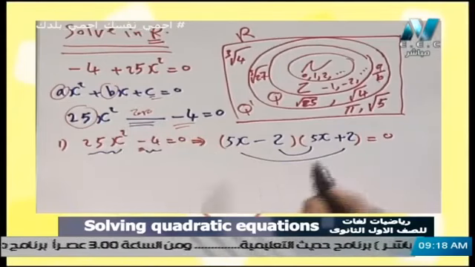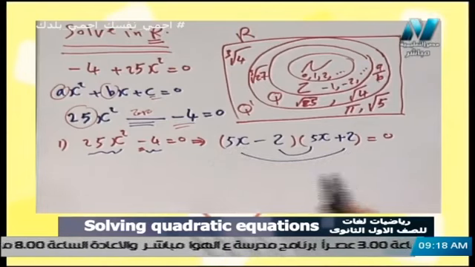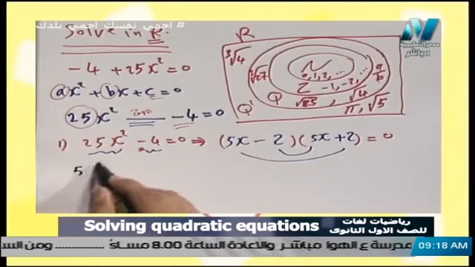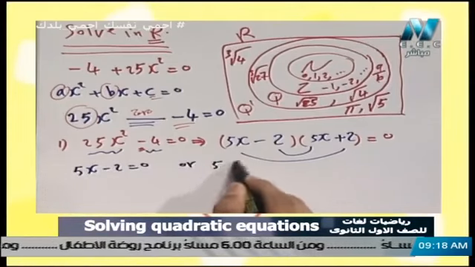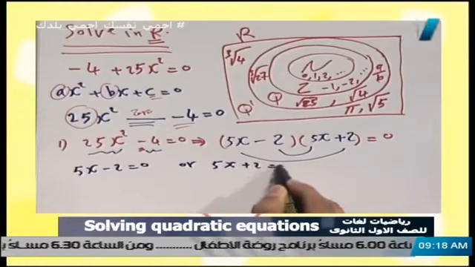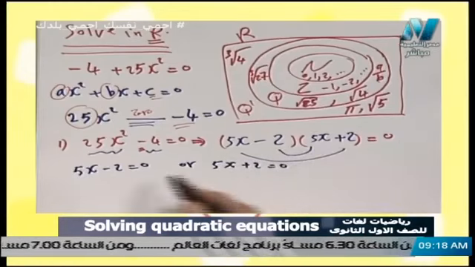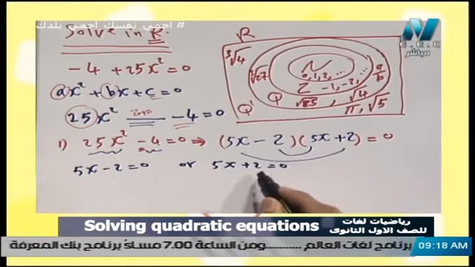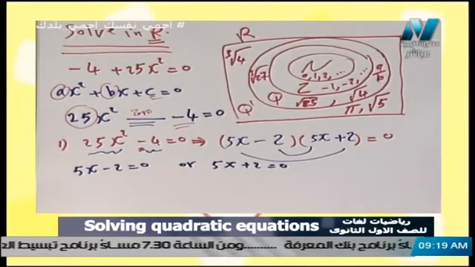Okay, to find the solution set of this equation, we put 5x minus 2 equals 0, or 5x plus 2 equals 0. If we have two numbers multiplied by each other equal to 0, then the first equals 0 or the second equals 0. And we solve to find x.